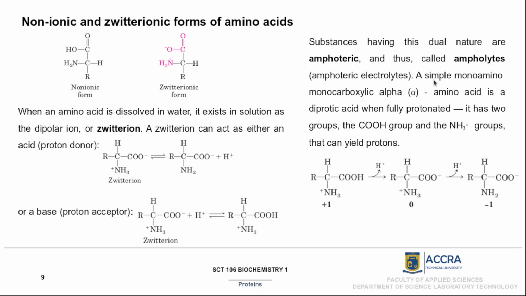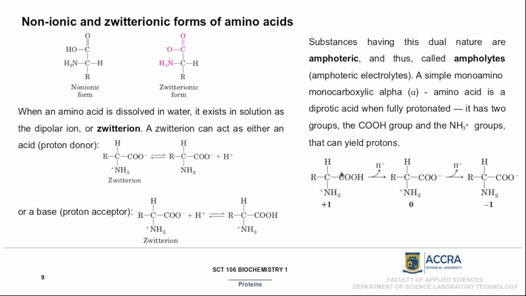A simple monoamino monocarboxylic alpha amino acid is a diprotic acid when fully protonated. So you see a simple amino acid which is fully protonated, meaning the amine group is fully protonated, carrying a positive charge. The carboxyl group is also fully protonated, is neutral, and the net charge of this fully protonated amino acid is positive.